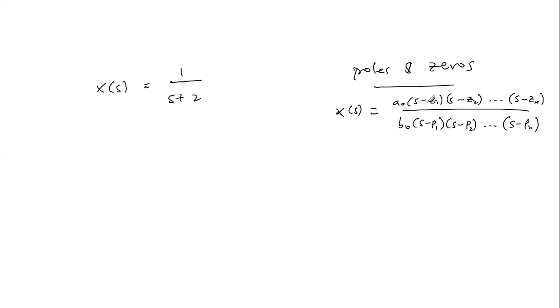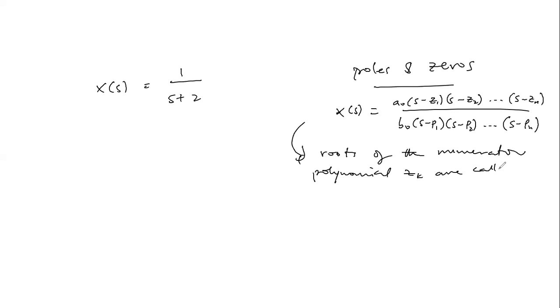The point is that the roots we have in the numerator give us the zeros, while the roots we have in the denominator give us poles. What I want you to take note of here is that the roots of the numerator polynomial, z sub k in this case, are called zeros.